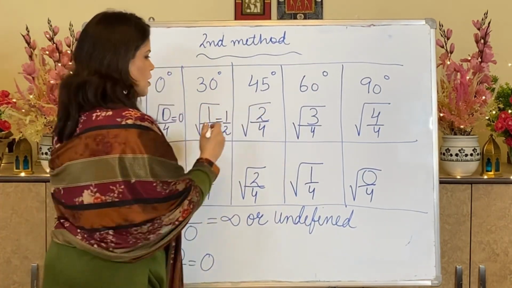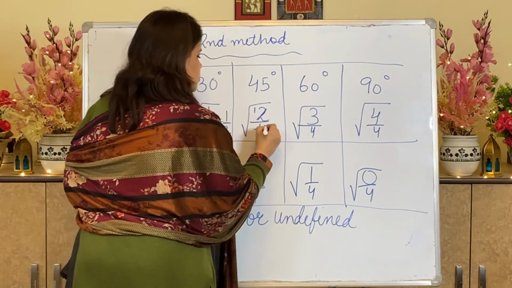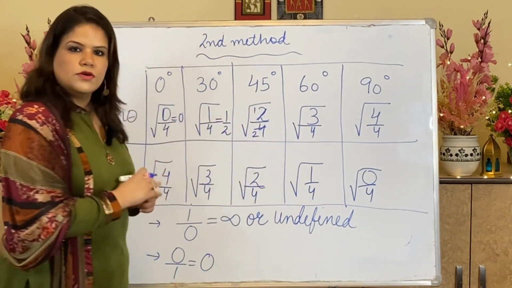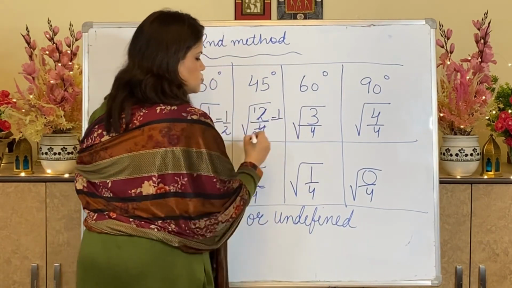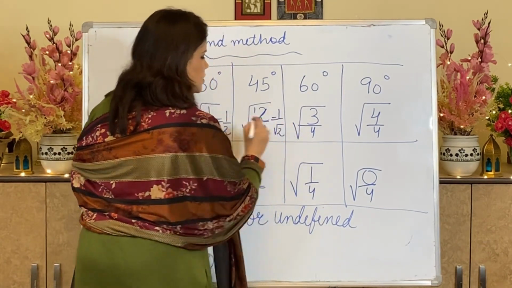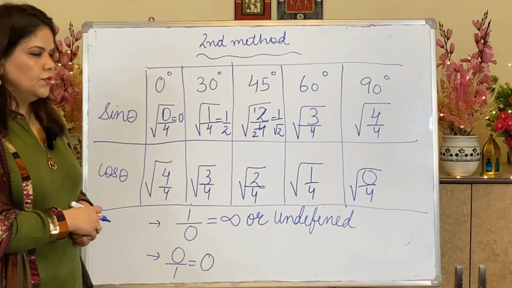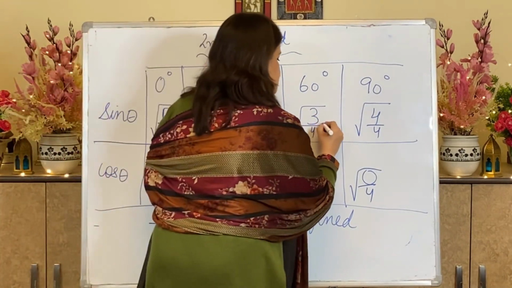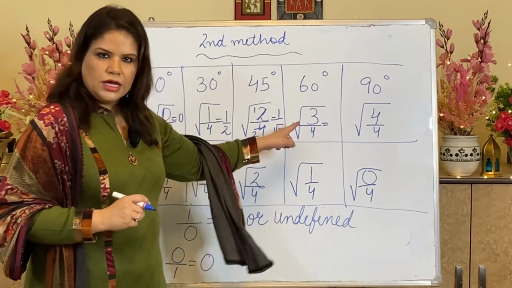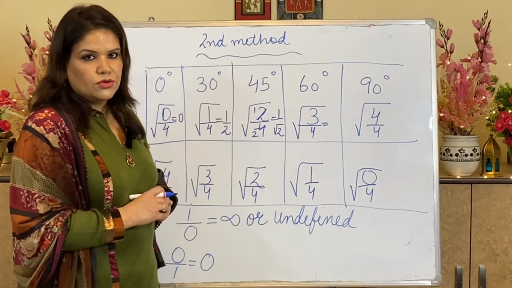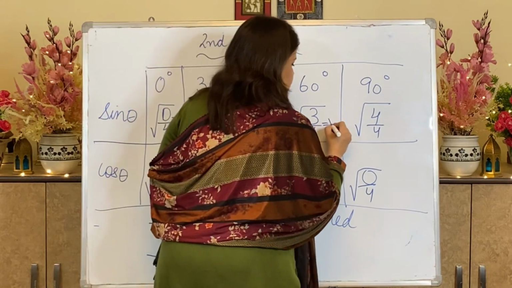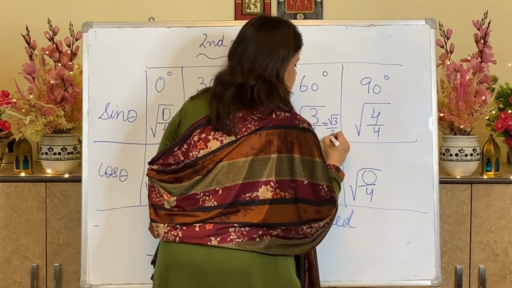45 degree. 2 ones are 2. 2 twos are 4. First I will solve this. Then I am getting under root of 1 is 1. Under root of 2 is under root of 2. This will be under root of 3 by 4. Since they both are not getting cancelled, I will take the square root of both. So numerator square root will be root 3, denominator square root will be 2.